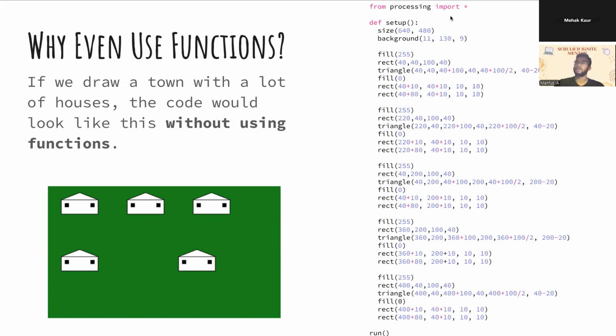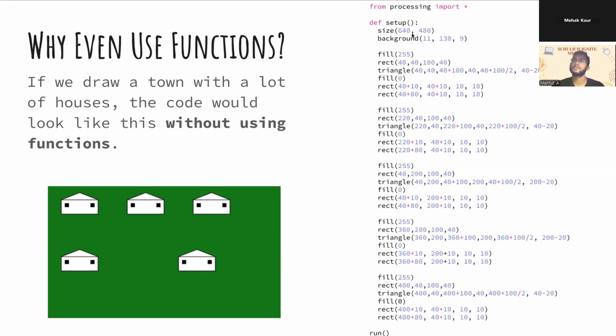Okay, so let's talk about why we even use functions. If we wanted to draw a town with a lot of houses, the code would look like this without using functions, right?